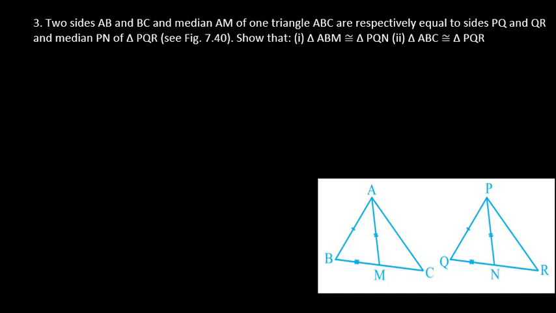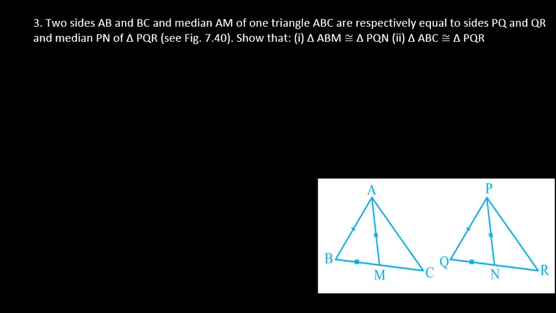AM is the median. So AM median, that means what? BM equal to CM and QN equal to NR, or I can say that BC is double of this BM and QR is double of this QN. We have to first show that ABM and PQN are congruent, and then we have to show that ABC and PQR are congruent.